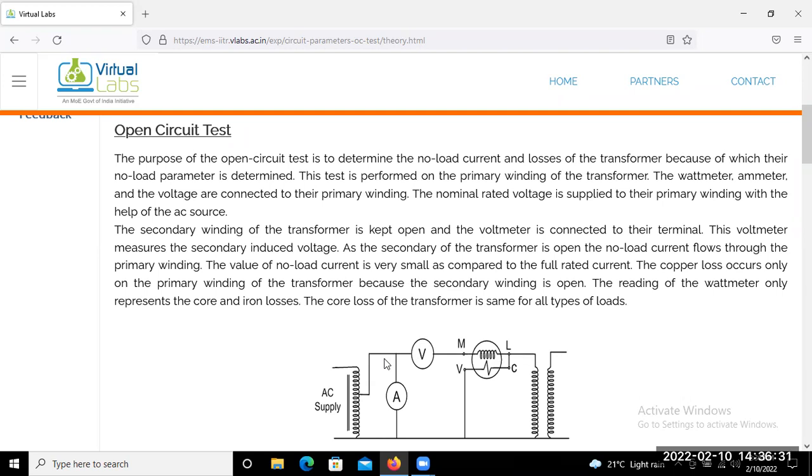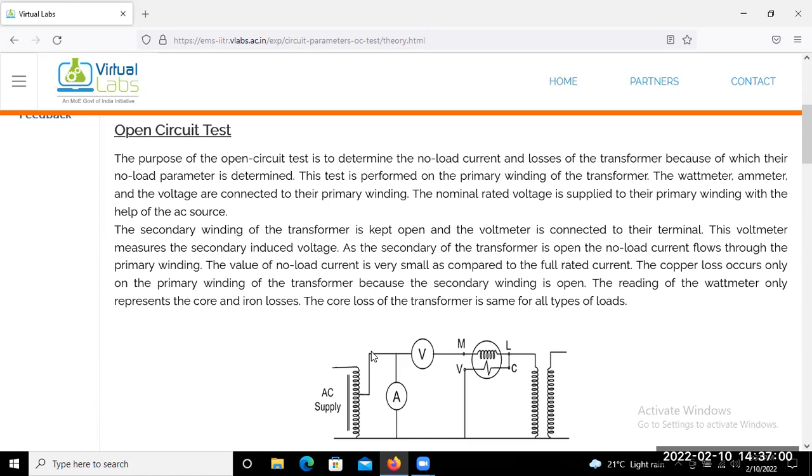At this instant, whatever current is taken from the supply is known as the exciting current of the transformer. Okay. So the exciting current you will find very small compared to the full load or rated load of the transformer. That's why we neglect the ohmic losses here. So whatever loss we assume here is the core loss.